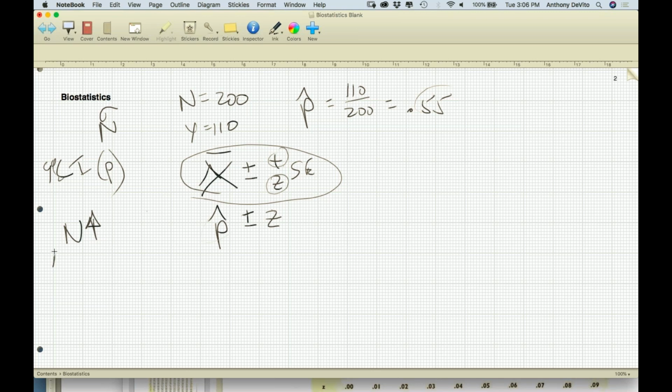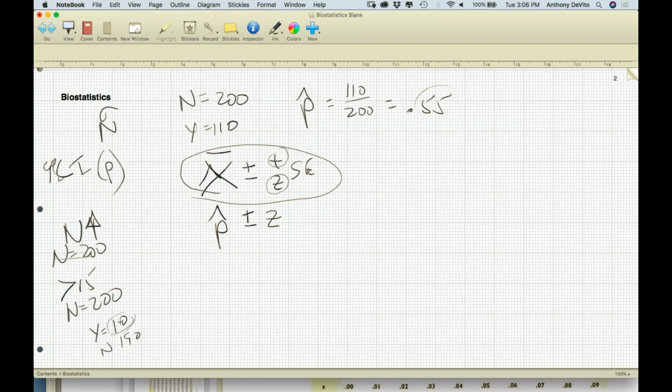In this case, the sample size is 200. The other rule that we use is that both sides of the results have to be greater than 15. So I couldn't have a sample of n equals 200 and the yeses equal 10. That doesn't work, because the yeses are 10 and the no's are 190. One side is less than 15.